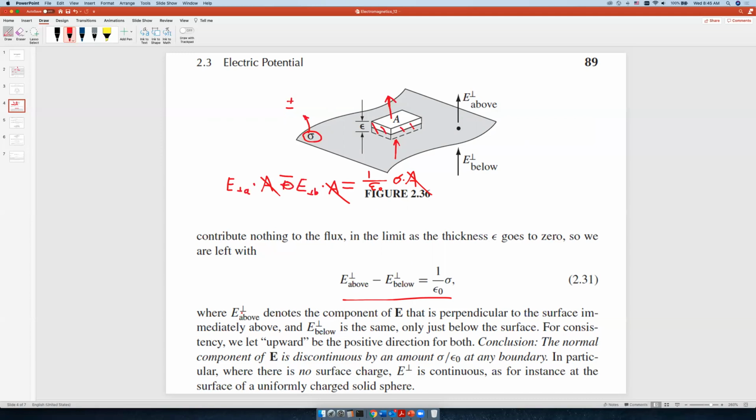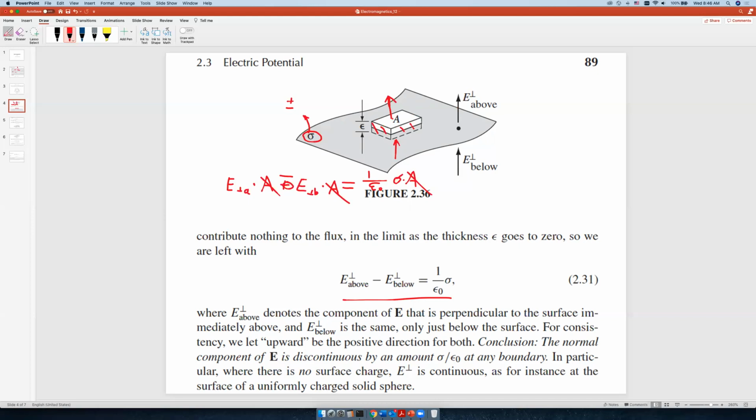E above perpendicular denotes the component of E that is perpendicular to the surface immediately above, which is shown here. And E below is the same at the lower surface, on the other side of the surface. For consistency, we let upward be the positive direction for E. But remember that for E, positive direction means going up, while for the surface A, positive means going out.